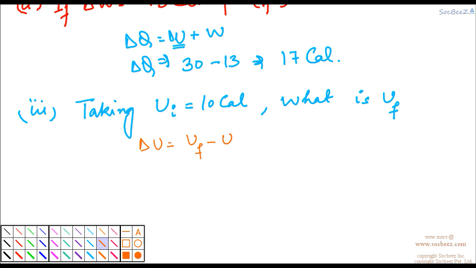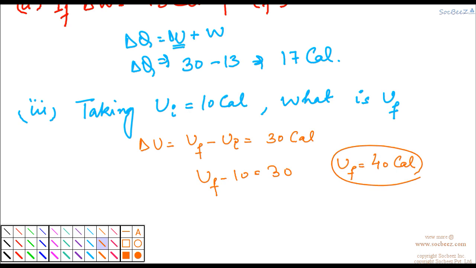So delta U is nothing but U final minus U initial, and we know that it is 30 calories, as we found in the first part, right? So UF minus 10 is nothing but 30. So the final internal energy is nothing but 40 calories, right?